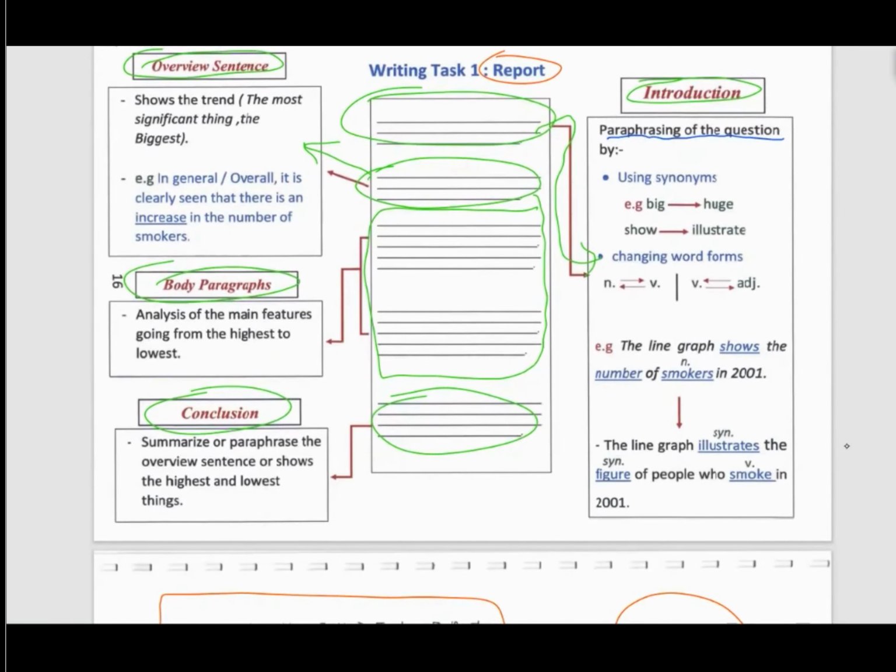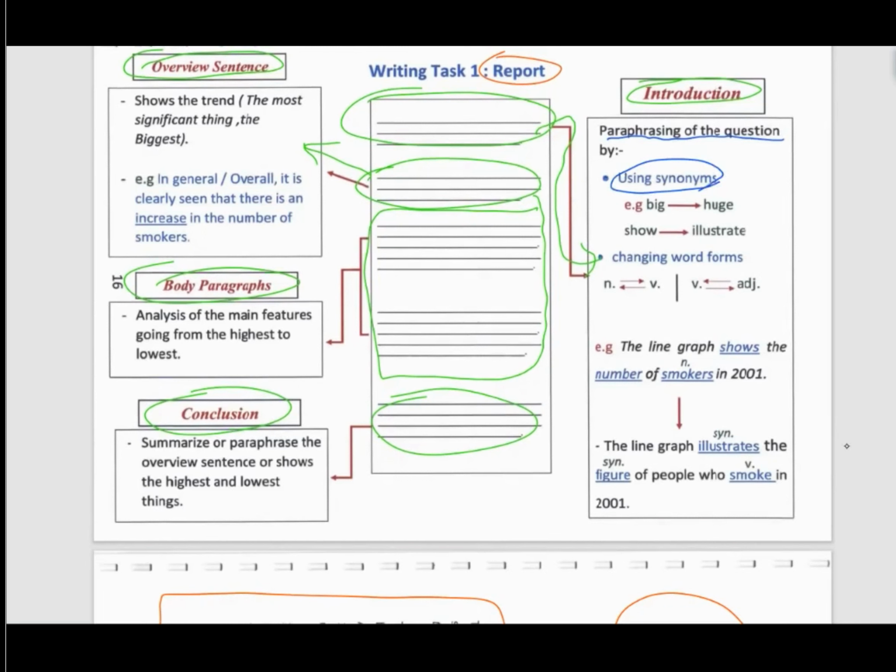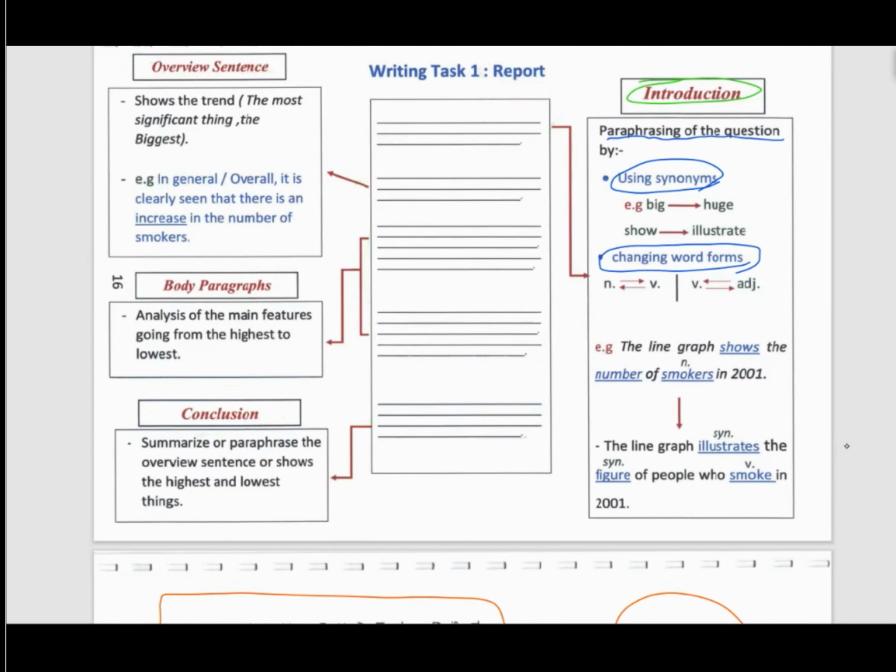We paraphrase by using synonyms and by changing some word forms. Okay? Synonyms.